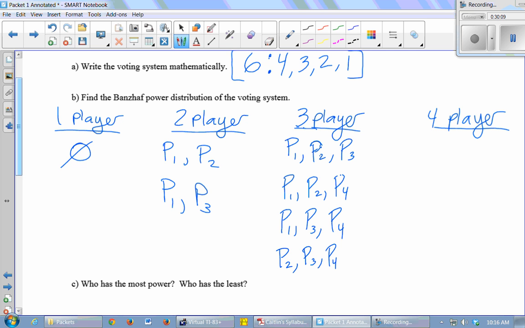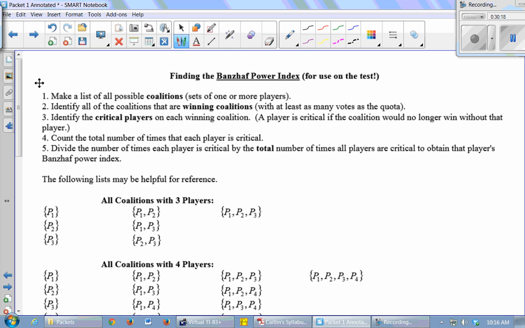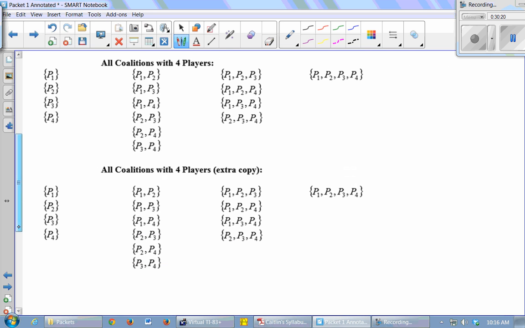And if you go back and look at page 8, these are all the coalitions with 4 players, right? So we have all the single coalitions, all the 2-player coalitions, all the 3-player coalitions, and the grand coalition. So if you're ever stuck, you can just go look here and you have all the coalitions and you can just determine which of these are winners.